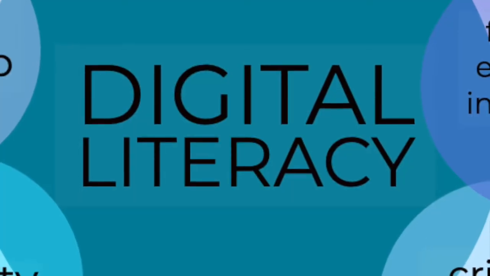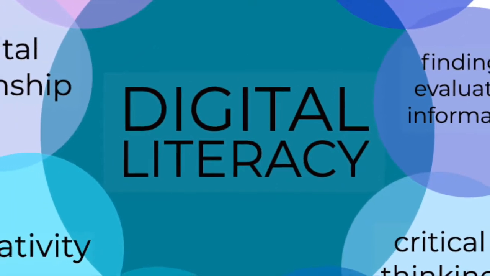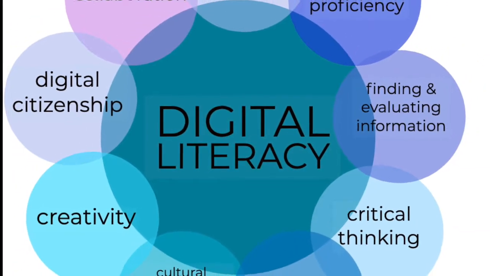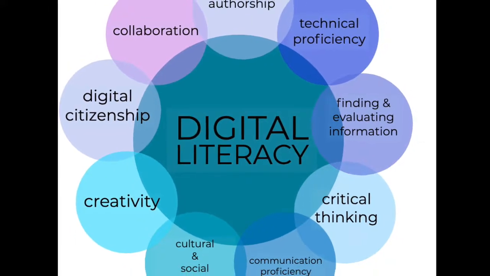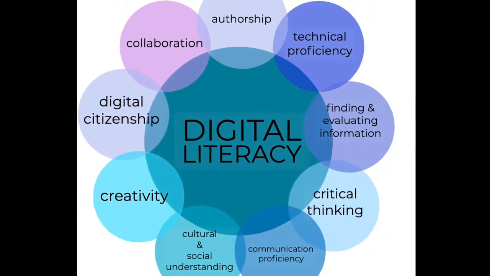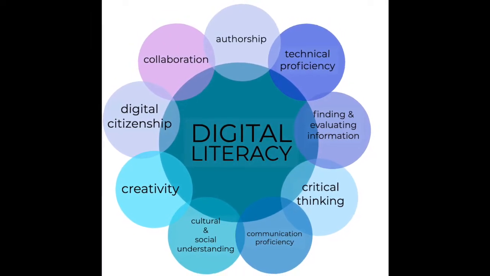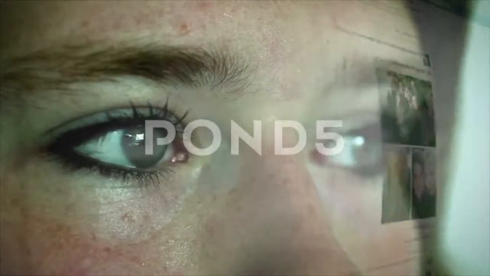So, what is digital literacy? Digital literacy is a subset of media literacy, and it also seeks to broaden our traditional definition of literacy. The American Library Association defines digital literacy as the ability to use information and communication technologies to find, evaluate, create, and communicate information requiring both cognitive and technical skills.